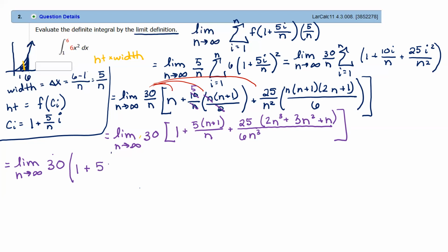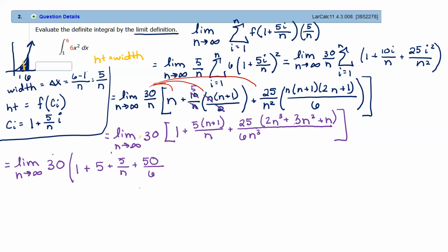This is just going to be 5 plus 5 over n. And then breaking it up by terms, we have 50 over 6, n to the third over n to the third, so that's just going to be 50 over 6.